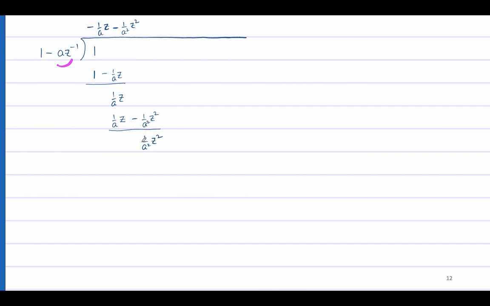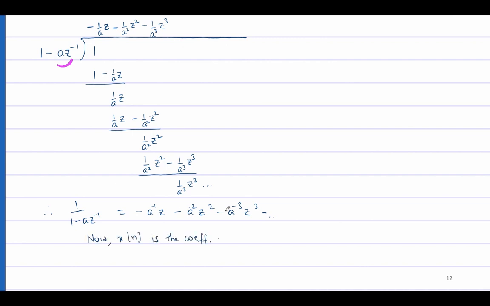And this is the remainder, and I keep going in this way, keeping the second term in the first, and I get a perfectly fine series. So this means 1 upon 1 minus az inverse can be represented as minus a inverse z plus z square plus z cube, and I can compare the coefficients to find the value of x[n]. x[n] is the coefficient of z to the power minus n, which is minus a to the power n.